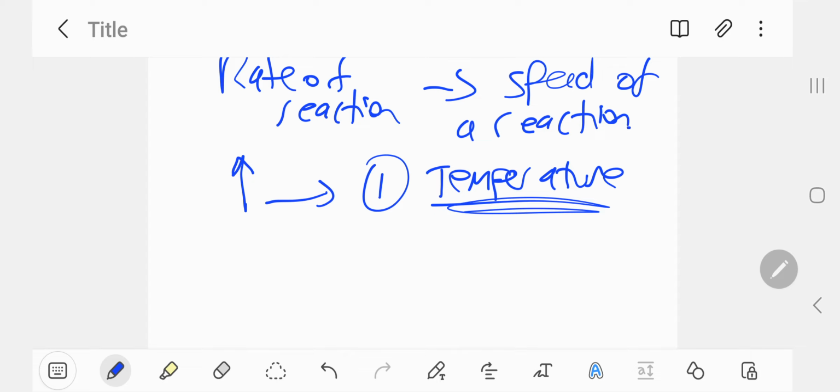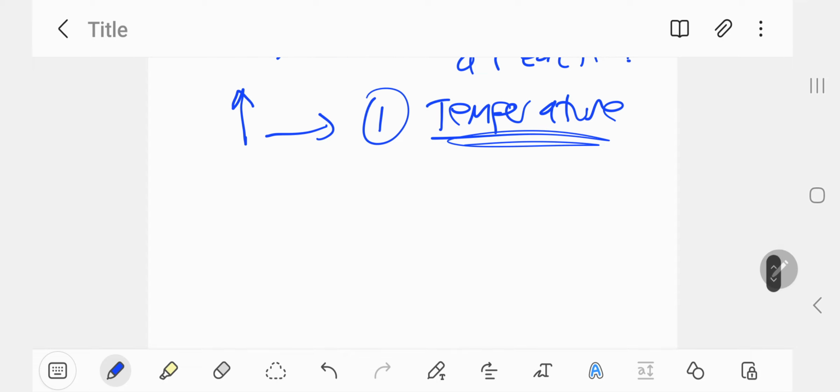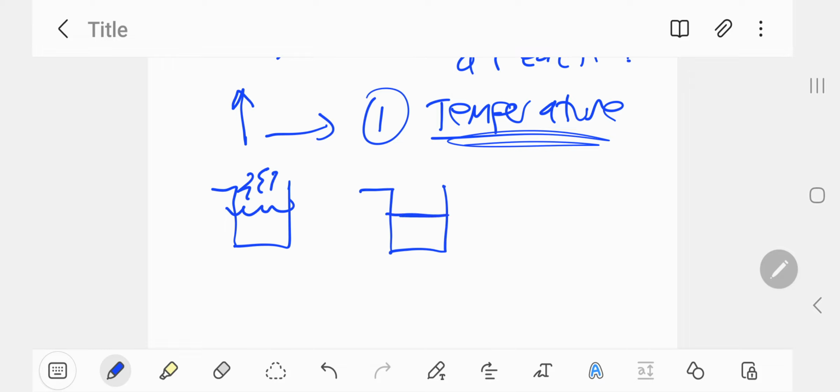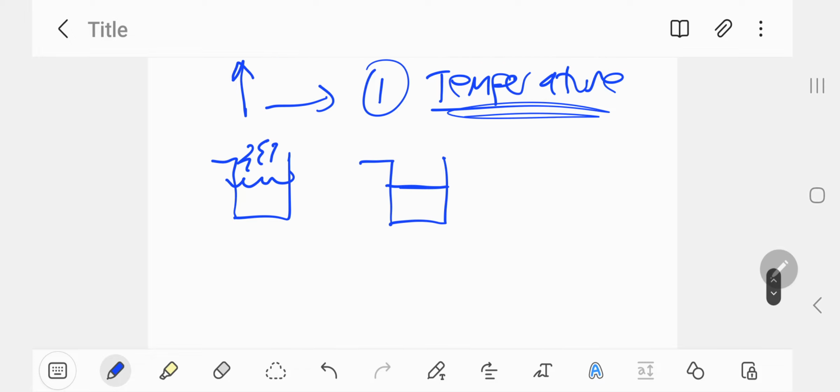And I told my students in class today that this is something that's from intuition, from common sense. Suppose I've got a cup of boiling water and I've got another cup of really cold water. The cup of boiling water indicates a faster reaction because the particles, the water molecules in this case, are moving faster.